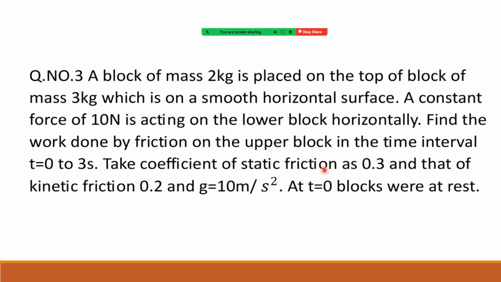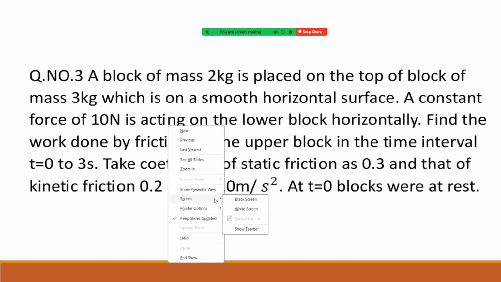So given coefficient of static friction 0.3 and that of kinetic 0.2 and g value 10. So at t equal to 0, blocks were at rest. Okay. Right. So we have to find work done by friction on upper block.